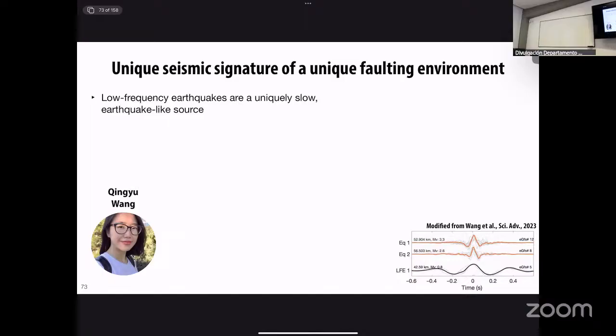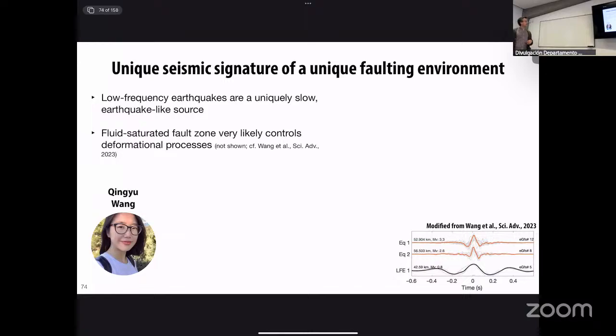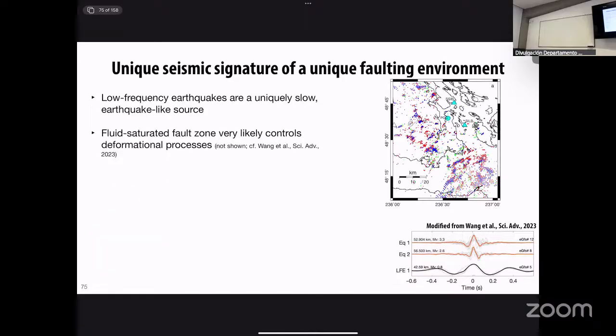And you can see these are all supposed to be about the same moment magnitude, but the source duration of the low frequency earthquake is much longer. So there is something about the plate interface that makes these earthquakes behave differently than typical earthquakes. And we think that fluids are playing a strong control on that seismic source process.